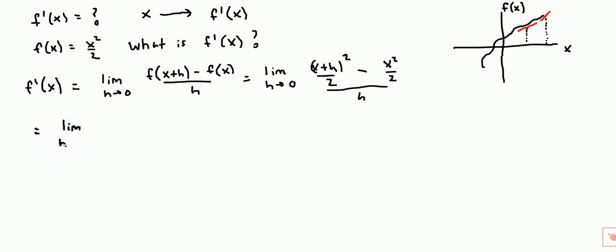Limit as h approaches 0. Okay, so the denominator is going to have 2 times h. And then I'm going to go ahead and multiply out the numerator, right? So we're going to have x squared plus 2xh plus h squared, and then I'm left with a minus x squared from the right-hand term. Okay? X squareds cancel.